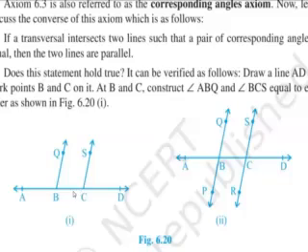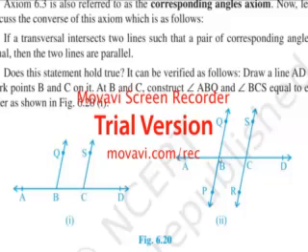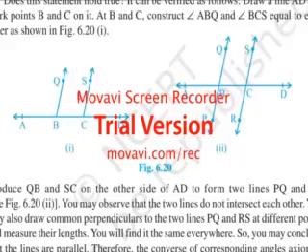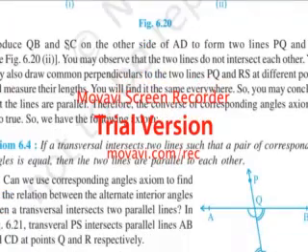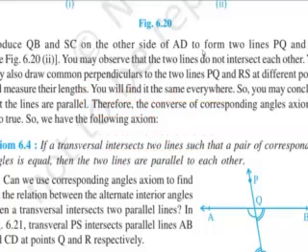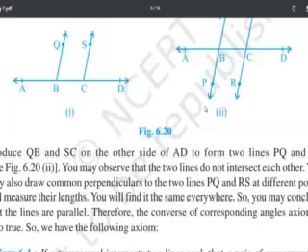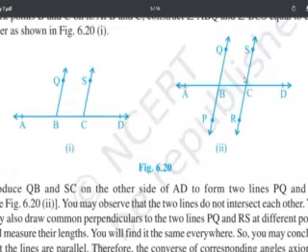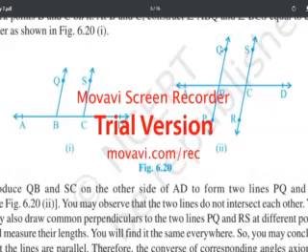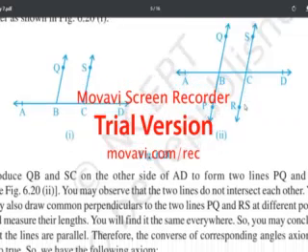Produce QB and SC on the other side of AD to form two lines PQ and RS in figure 6.22. You can see it has been produced: QB produced to P and SC produced to R.